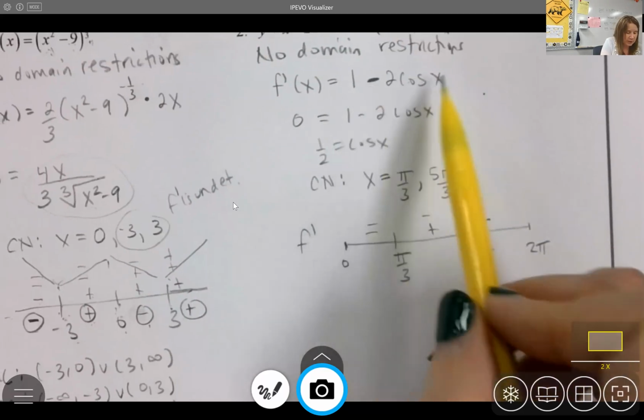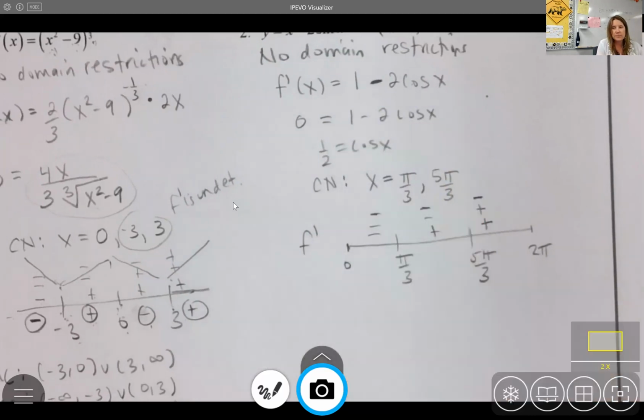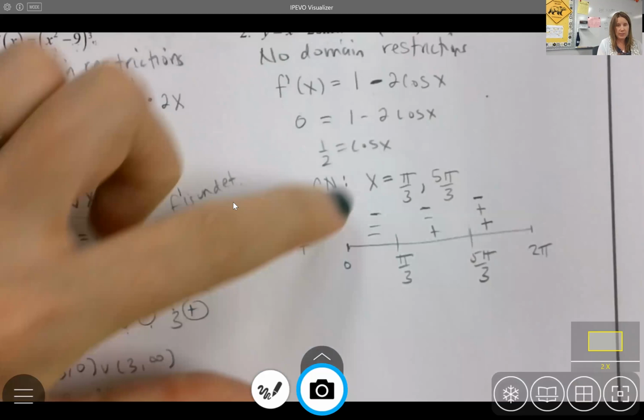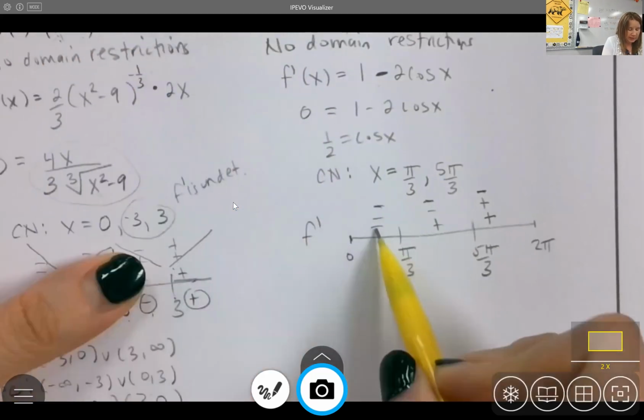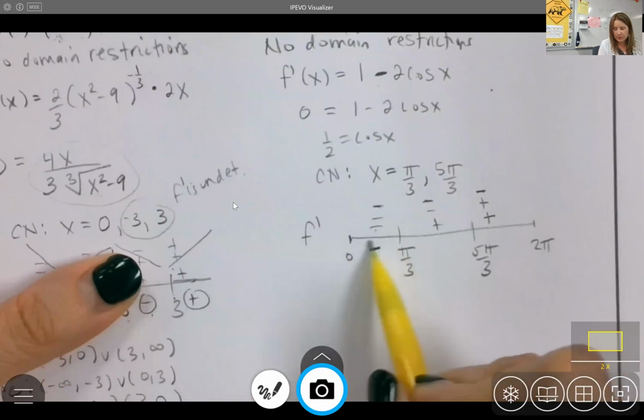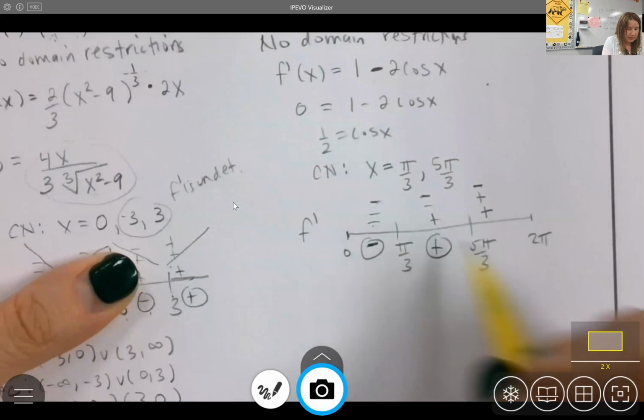Anytime you have that reflection, you have to put a row of negatives, because it's going to reflect. So instead of being up here, it's going to be down underneath. So I need to show that on my sign chart. So negative times negative times negative is a negative. I always like to circle it so I know which one it is. This one's positive and this one's negative.